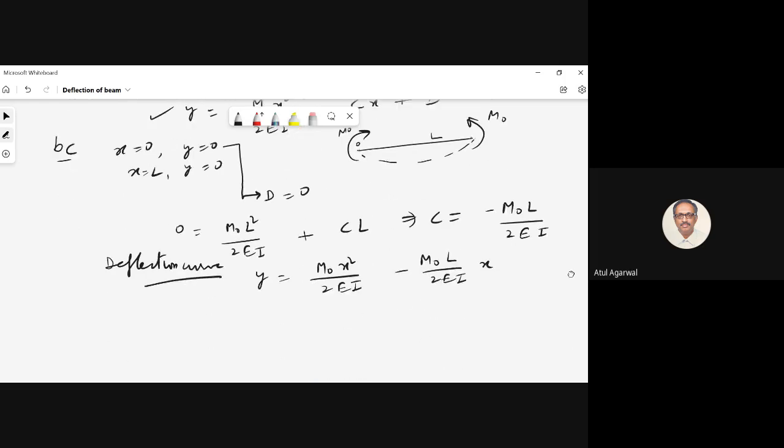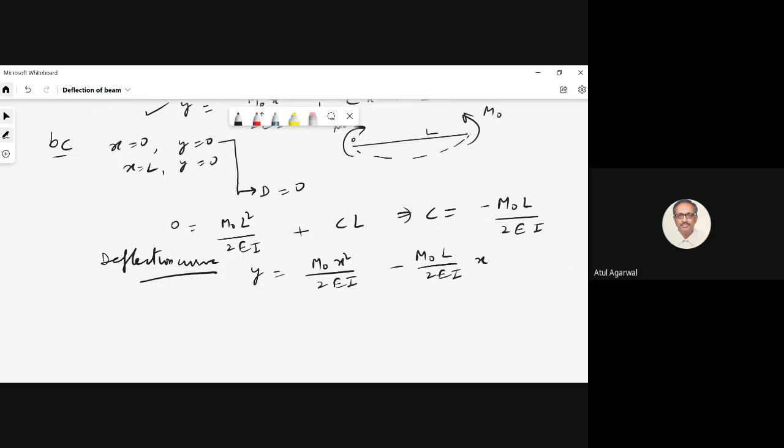Suppose we want to find the deflection at x is equal to L by 2. Put the value of x as L by 2. So y becomes M naught by 2EI, I take outside, x square minus Lx.